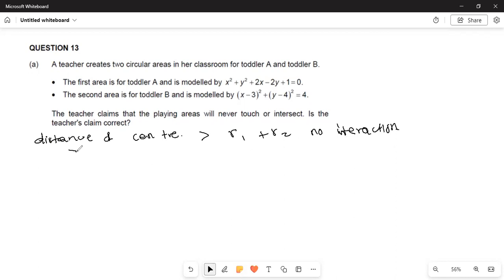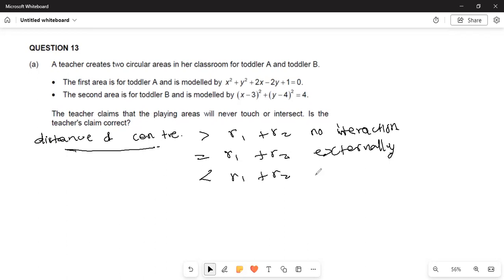If the distance of the two centers is equal to R1 plus R2, then we'll say they will interact, but externally so. And if the distance between the centers is less than R1 plus R2, then we will say that they do interact, but internally.